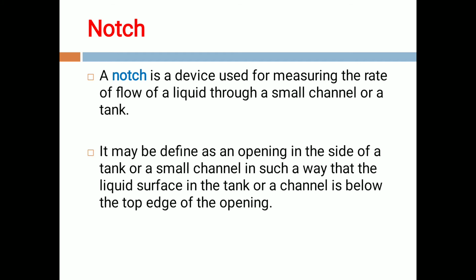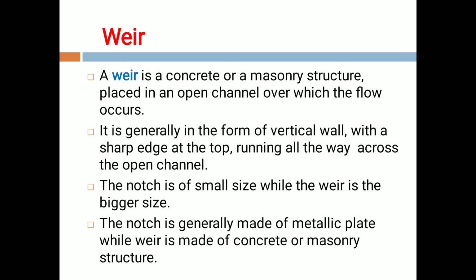Here you can see that for understanding, a notch is placed below the top edge of the opening, and a weir is a device placed in an open channel over which flow occurs. That is the difference between a notch and a weir.